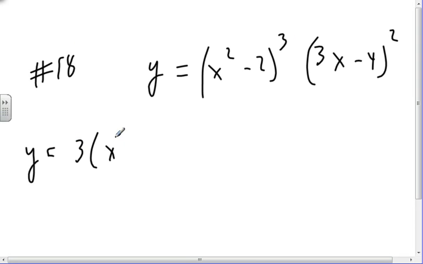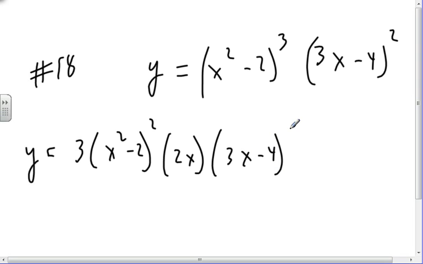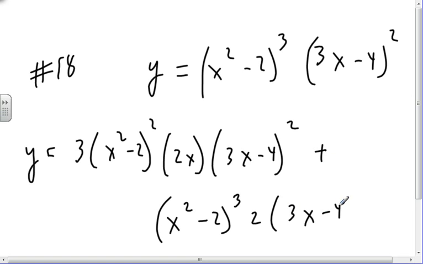So y prime is 3 times (x squared minus 2) squared times 2x times (3x minus 4) squared, plus (x squared minus 2) cubed times 2 times (3x minus 4) to the 1 times 3. And then we might want to clean that up, or we might not. I wouldn't. I just leave it like that.